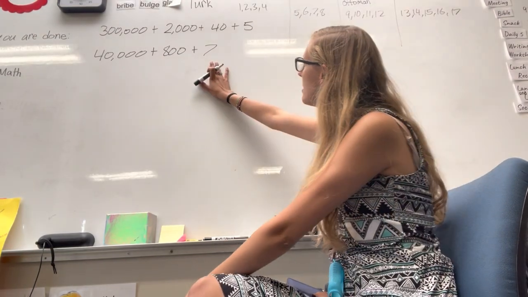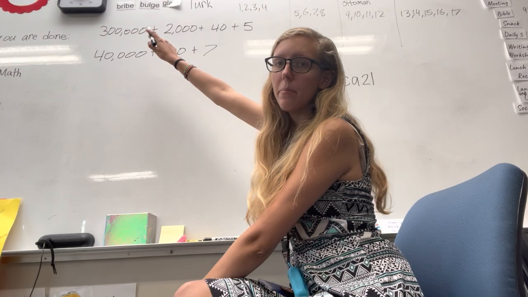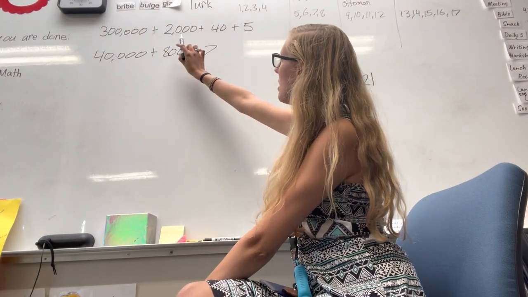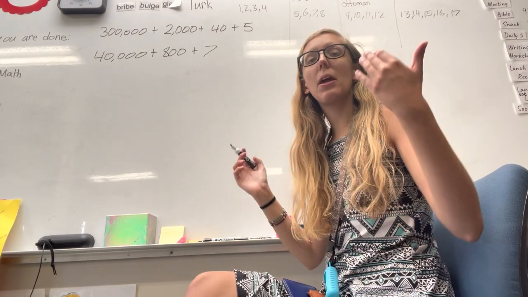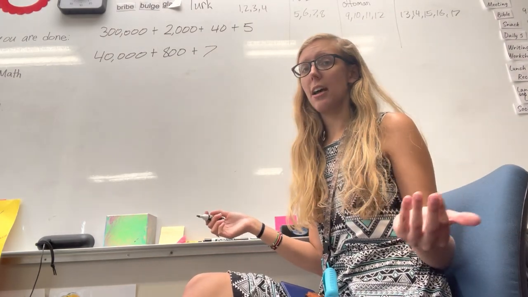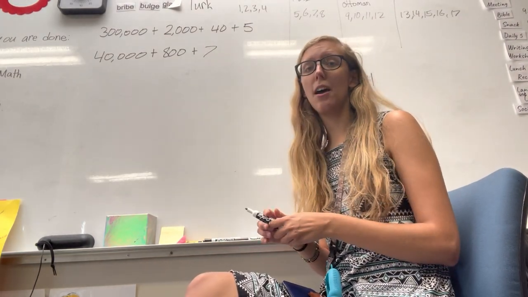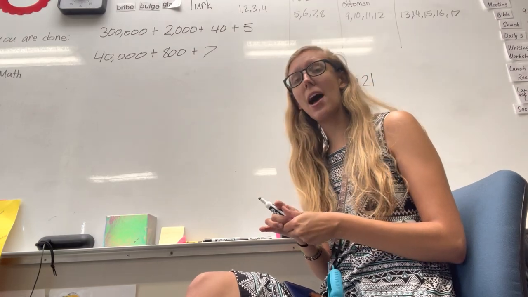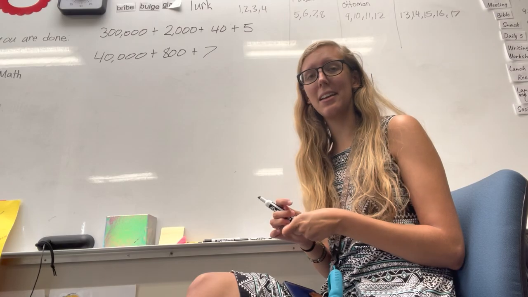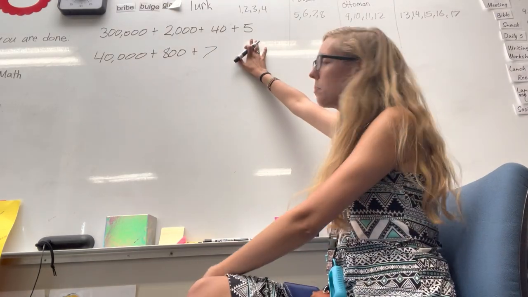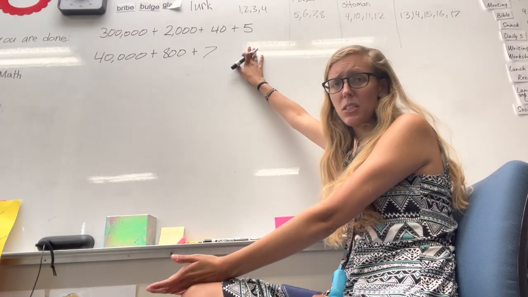So, let's take this number up here at the top first. We have 300,000 plus 2,000 plus 40 plus 5. I'm gonna start in my ones place, just like our song does. It goes ones, tens, hundreds, thousands, 10,000s, 100,000s, 1,000,000. All right, so we're gonna start in our ones place. And what number do we have in our ones place?